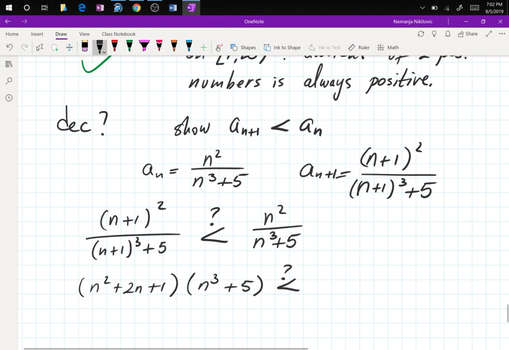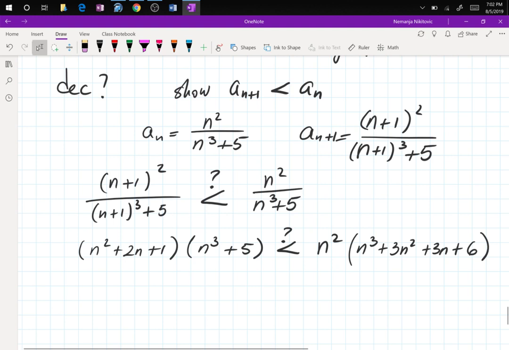That should be smaller than n squared times n cubed plus 3n squared plus 3n plus 1 plus 5 is 6.